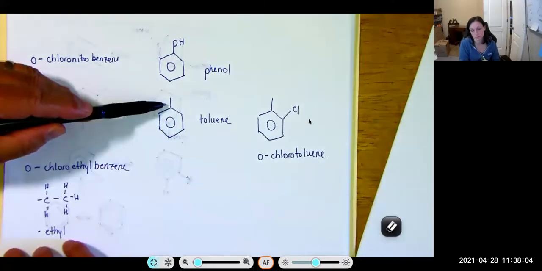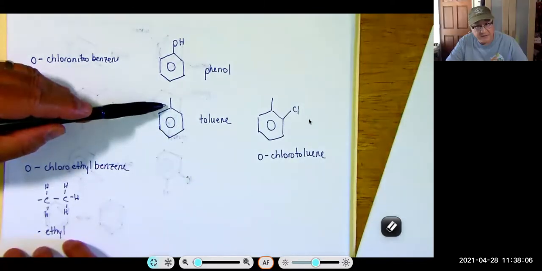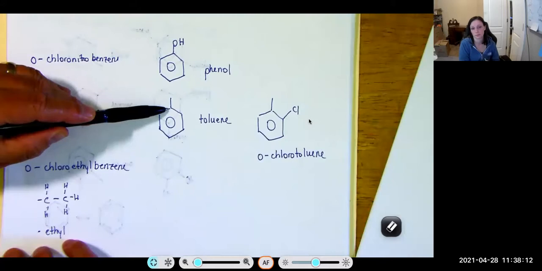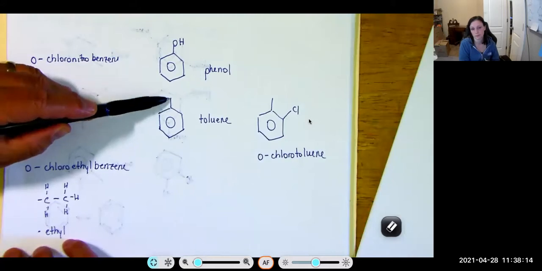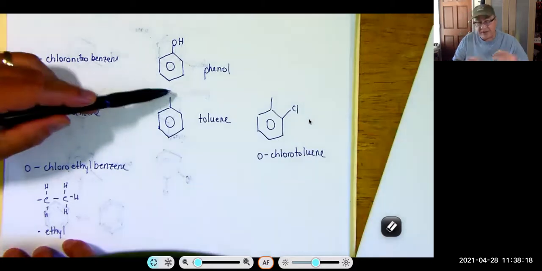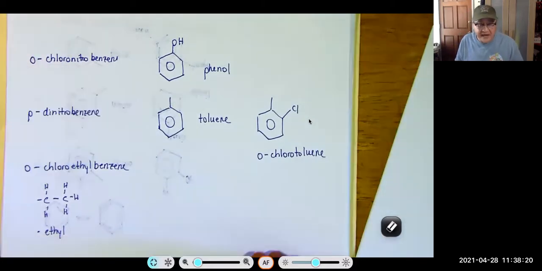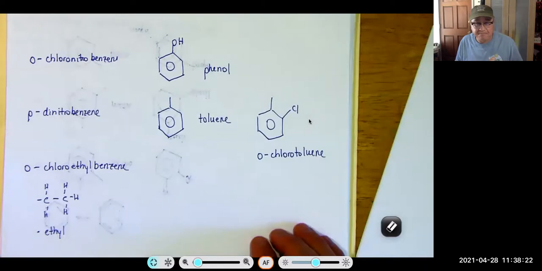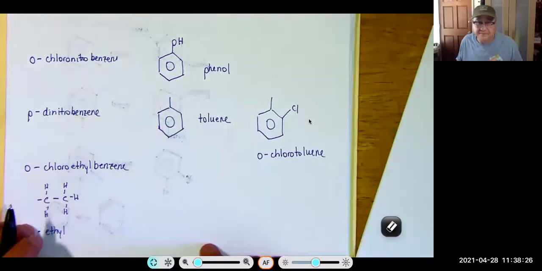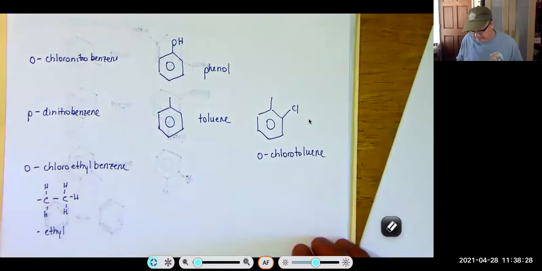No, it represents a bond. What's at the end of the bond here? Carbon. So what does this single line represent? A CH3, right? And what do we call a CH3? We call it a methyl. But in this case, we'd call it toluene.